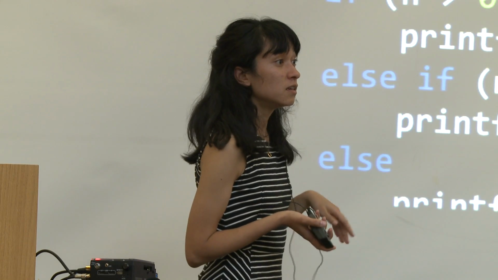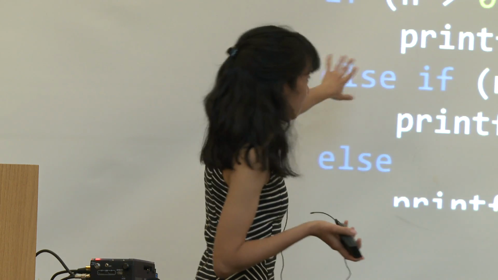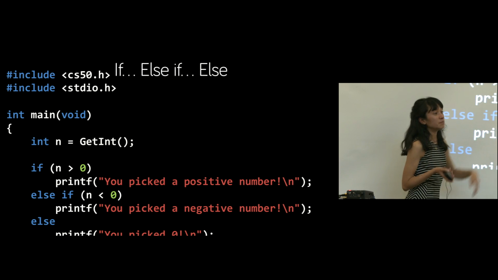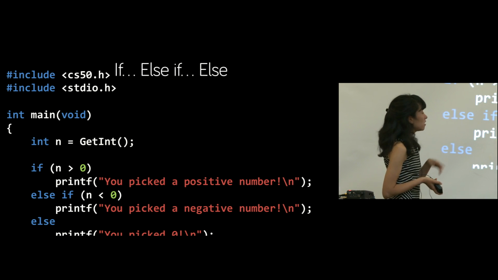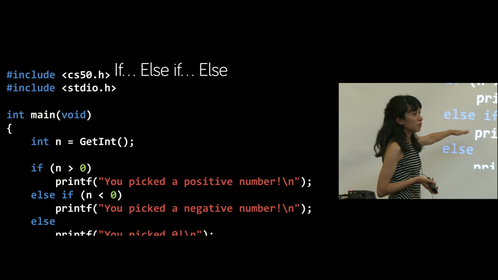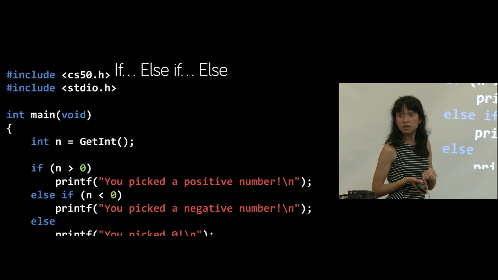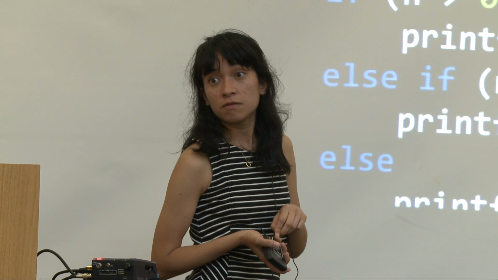Yes? So why can't you just use another if instead? Okay, so in this case, yes, I could use another if, and it would be absolutely fine because the conditions themselves are exclusive of each other. But if the conditions were not exclusive of each other, this would force them to never both evaluate, if that makes sense. But in that case, couldn't you nest the second if in the first if? What do you mean?